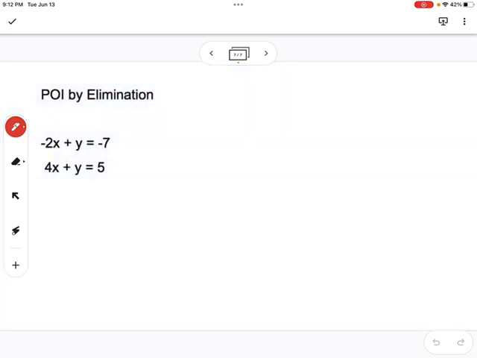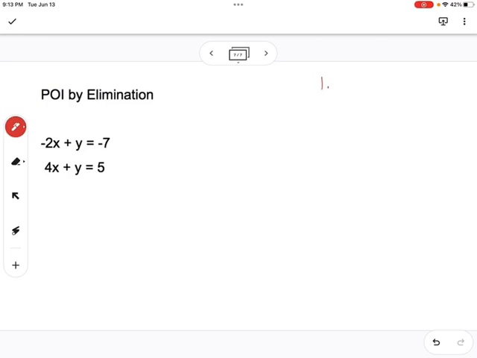Now, lastly, we want to look at our method for elimination to find the point of intersection. So looking at this one here, when we have elimination, we want to make sure that they are all set up.